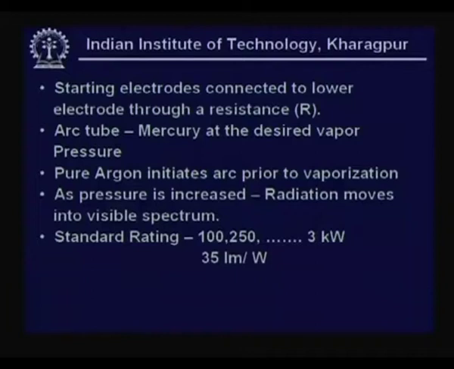If you look at the lamps that are available, we find that they are in the standard ratings of 100 watts, 250 watts and up to about 3 kilowatts. As already told, most lamps are talked about in terms of the wattage of the lamp, and the voltage is more or less known to be constant.